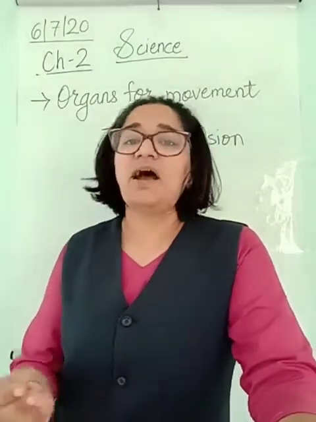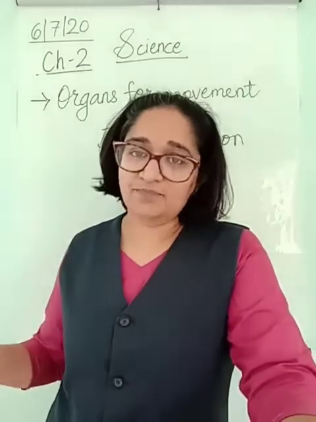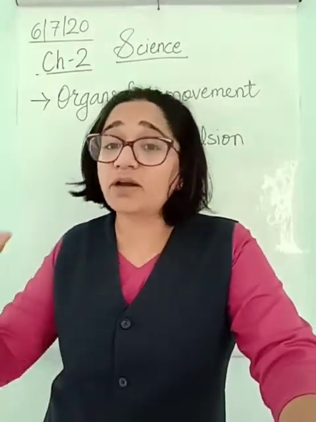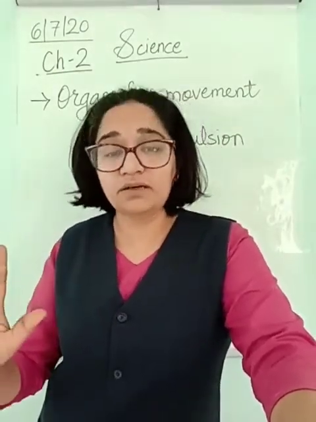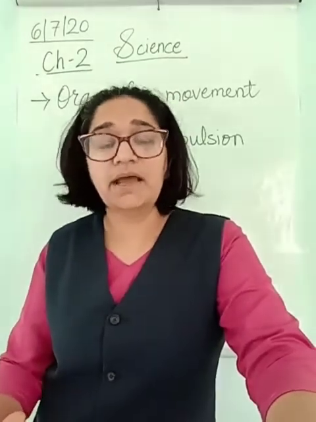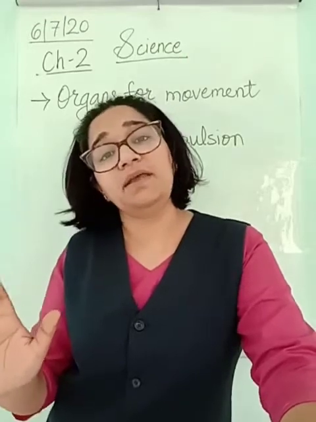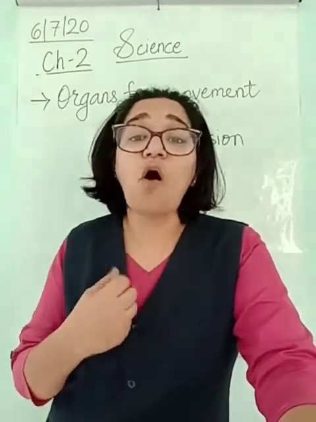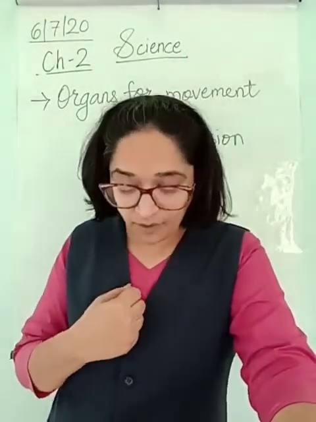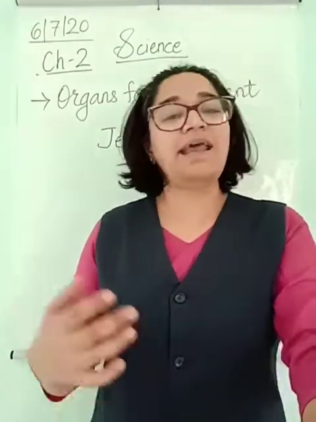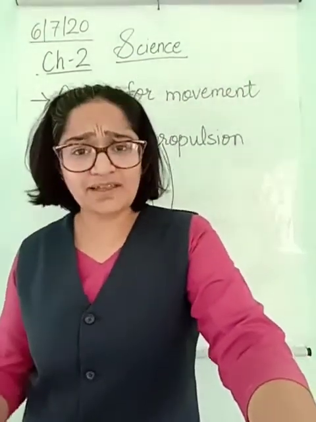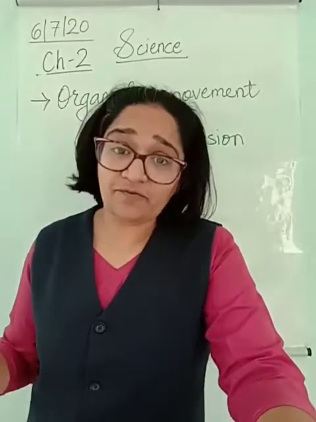Some feathers are meant for flying, some feathers are meant for covering the body of the bird, and some feathers are such which help in keeping the body warm, garam rakhne mein. Okay, so the wings are having the feathers called the flight feathers.